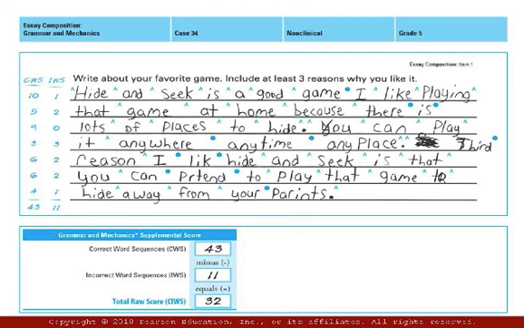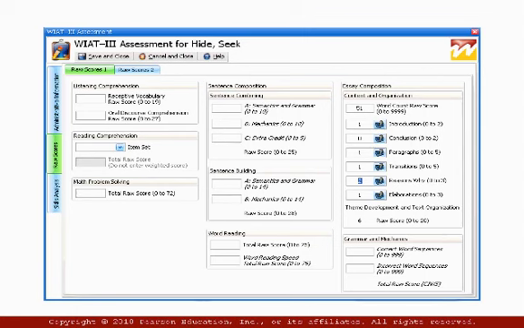You count the number of carets by row, the number of incorrect word sequences by row, and then the raw score will be the difference between the two. And then on the scoring software program, I showed you at the bottom the place where you would enter this component, 43 and 11, and then you end up generating a score for all components of the essay.